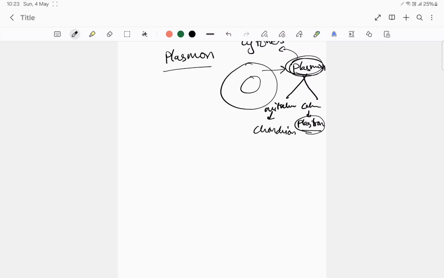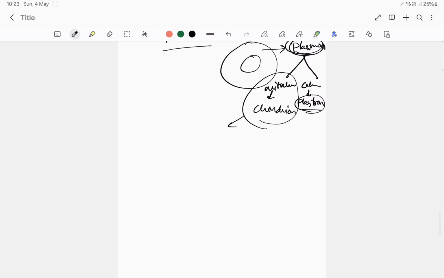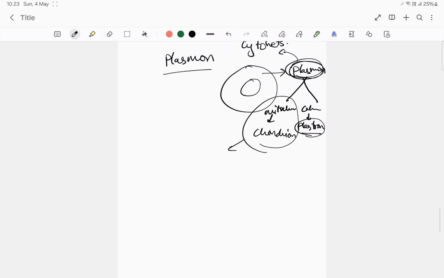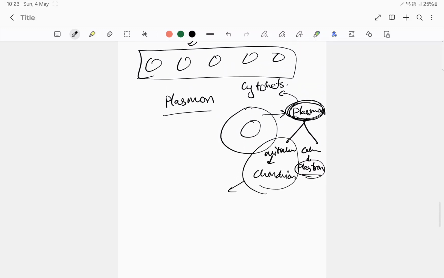Cytoplasmic male sterility in plants is controlled by the mitochondrial genome, which is chondrion. This shows cytoplasmic inheritance. For these plasma genes, the potent mutagen is ethidium bromide.